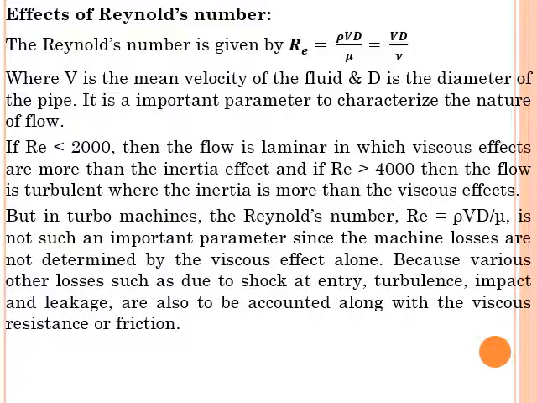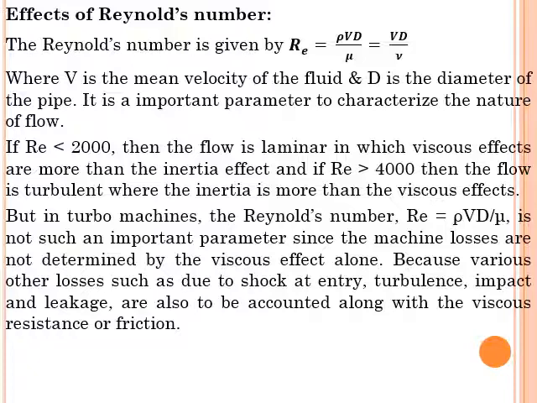But in the case of a turbo machine, where the Reynolds number equals rho V d by mu, the Reynolds number is not a very important parameter. Because in a turbo machine, so many losses are considered.